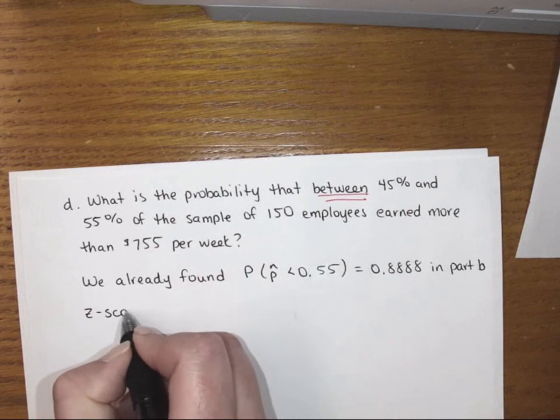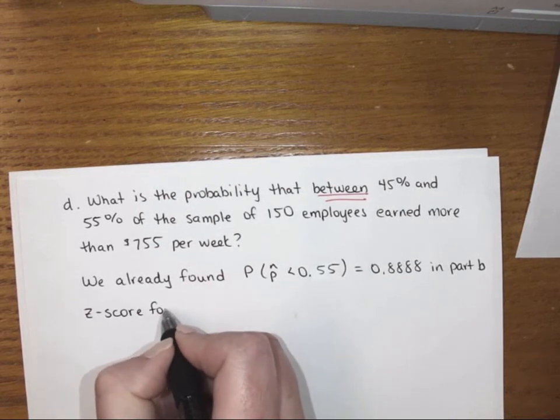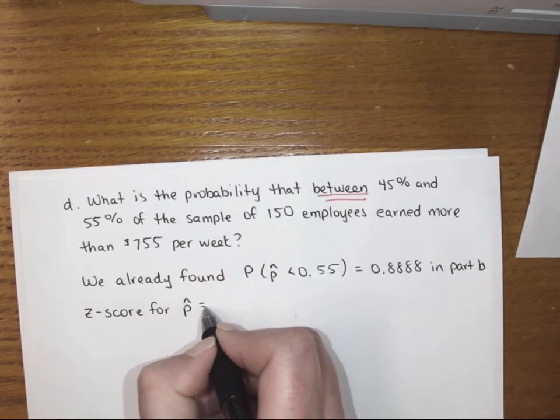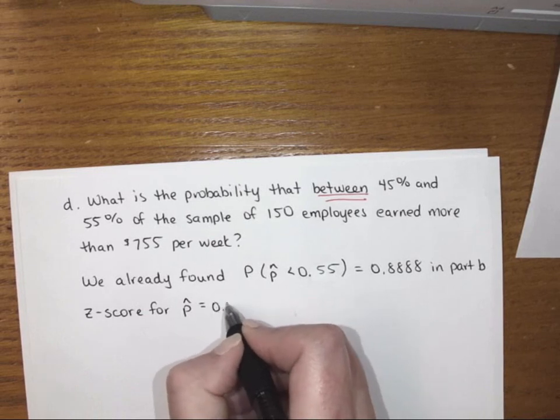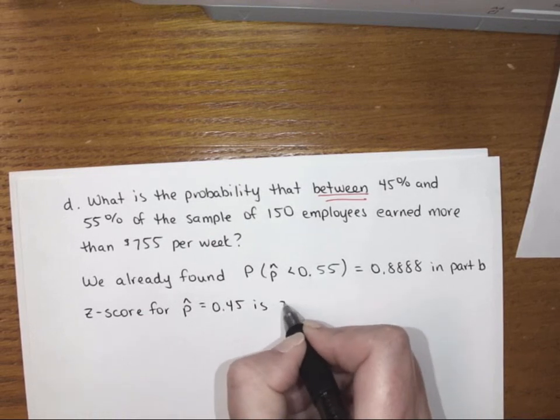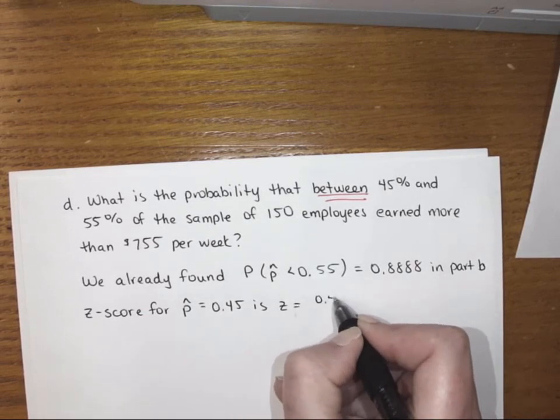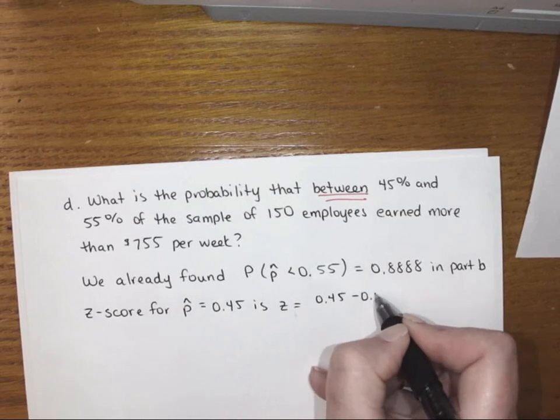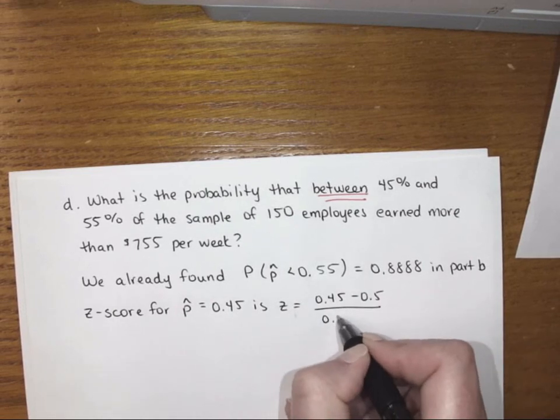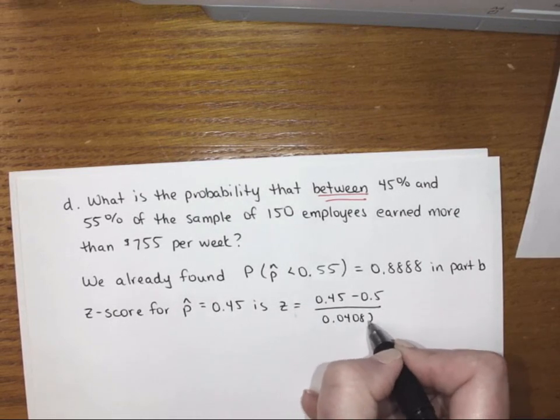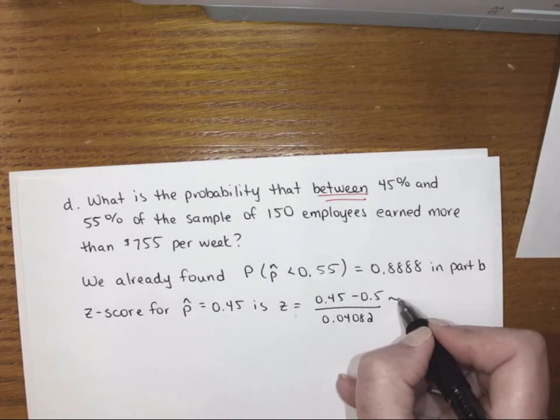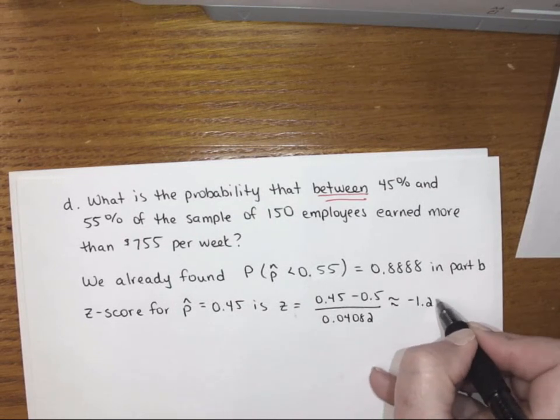That's a new one. So now let's find the z-score for p hat equals 0.45. So the z-score is going to be value minus average divided by standard deviation. And this works out to be about negative 1.22.